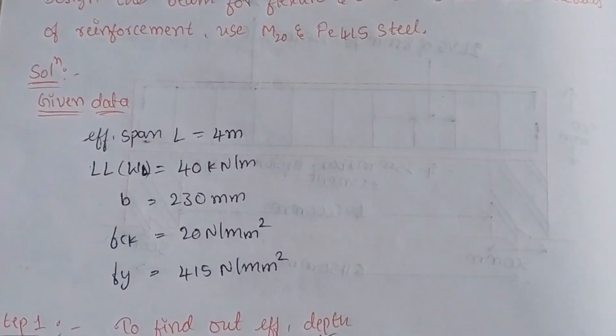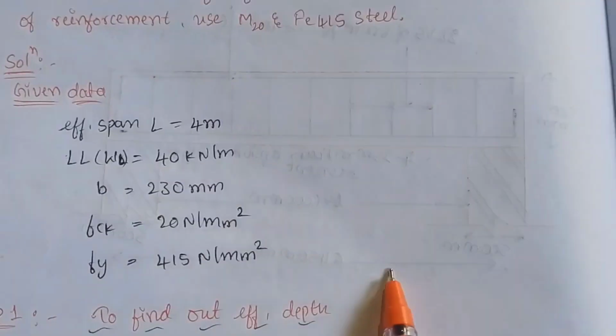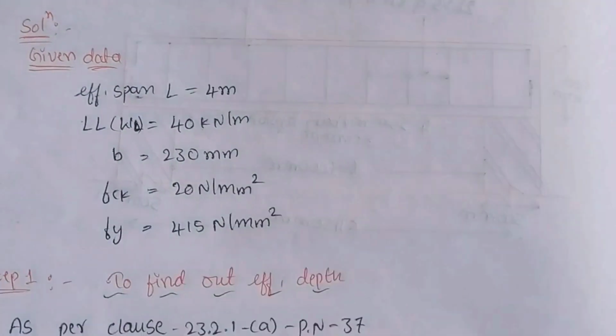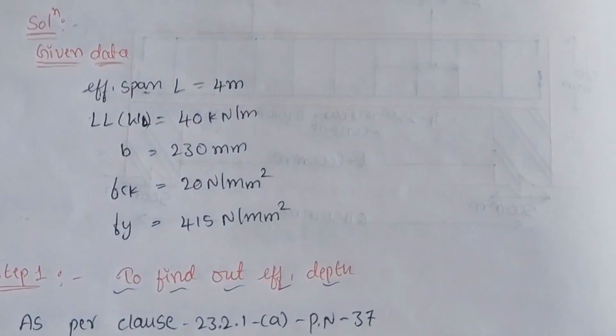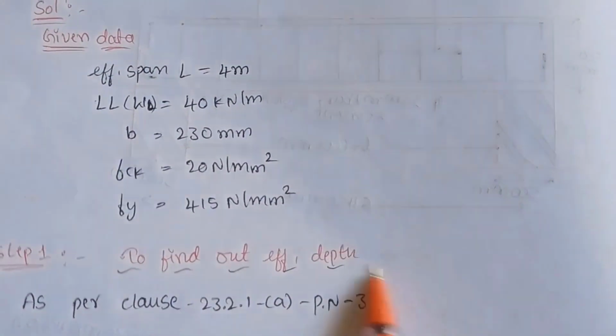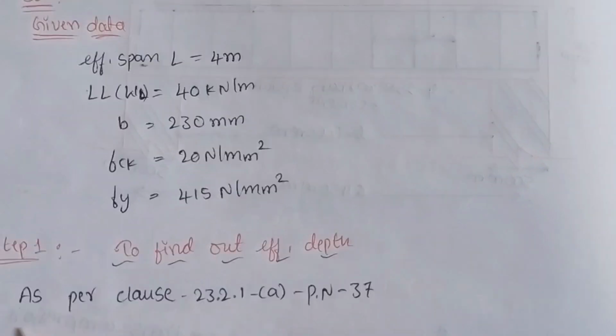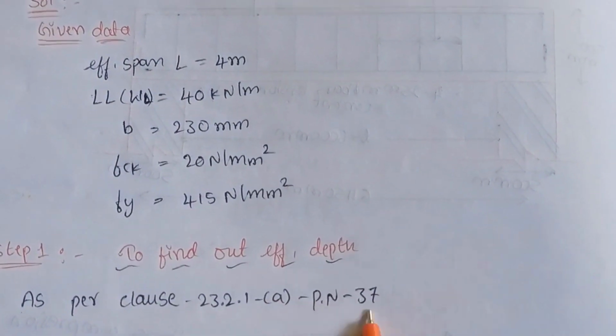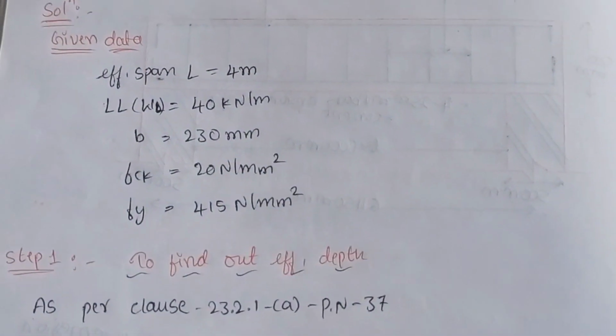To start the problem, effective depth is necessary for all the calculation. We'll go for the calculation of effective depth. So step 1 is to find out the effective depth. For that, as per clause 23.2.1(a), page number 37, we'll see what it says.